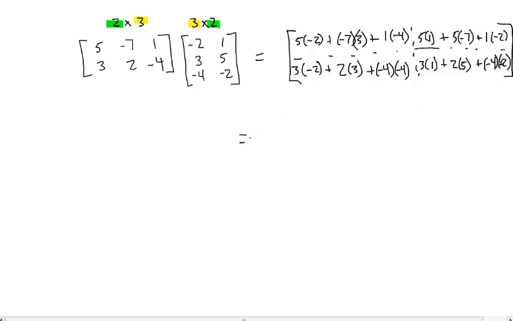And then when we rewrite it, we add all those up, we get negative 35 in row 1, column 1. We got that by doing negative 10 minus 21 minus 4. And in row 2, column 1, we have negative 6 plus 6, and then plus 16. So we have 16 here.